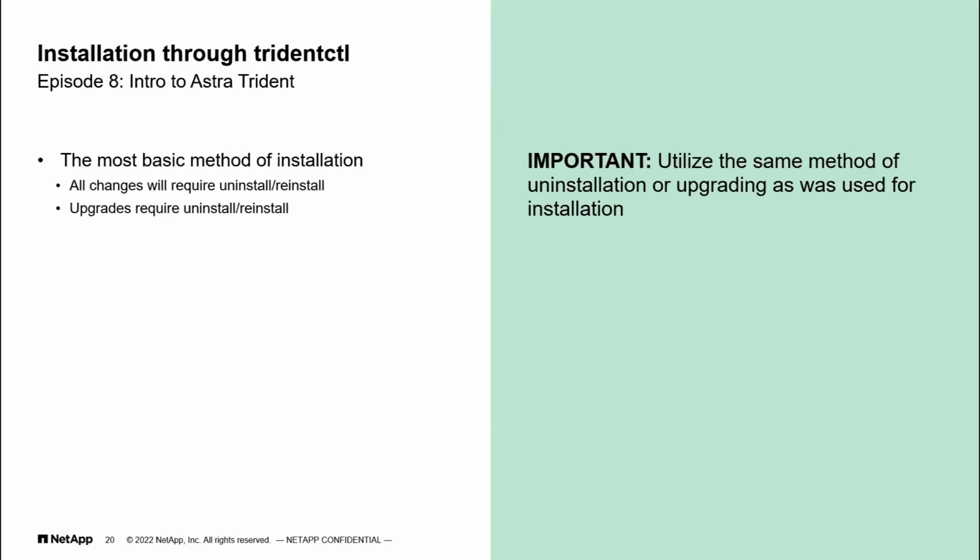So if you've got an older installation of Trident that you used tridentctl to install, and you would like to use the operator, you would have to uninstall using tridentctl and then install using the operator. If you're now using the operator and you want to switch to Helm, you would have to uninstall using the operator method and then install using Helm.